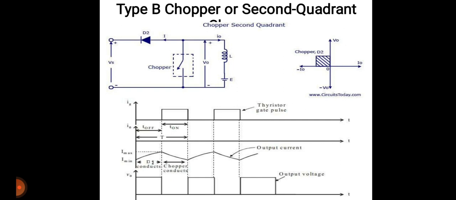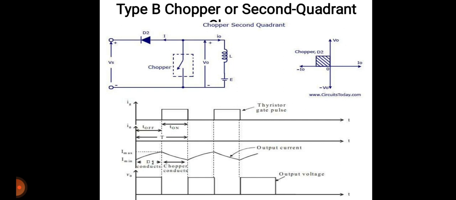L stores energy during Ton, the on period of CH2. When CH2 is off, V0 is equal to E plus L di/dt, which exceeds source voltage Vs. As a result, diode D2 is forward biased and begins conduction, thus allowing power to flow to the source.